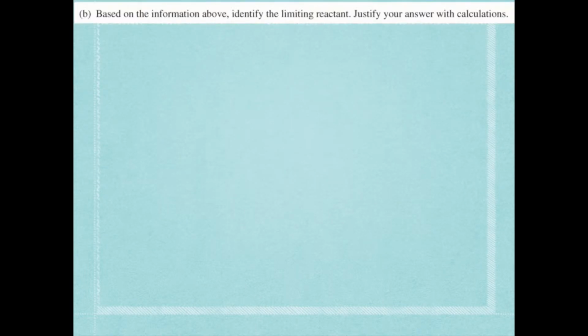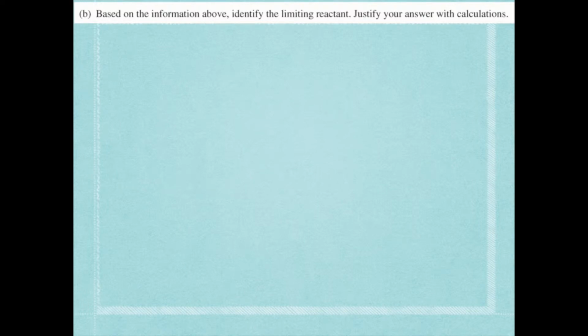Next, it says, based on the information, identify the limiting reactant. Now, notice if you look at that reaction, you have a 1-to-1 ratio of your two reactants, which means whichever one has the fewest number of moles, that's going to be your limiting reactant. Because if I get into moles of each of my reactants and then get into moles of either product and then get into grams of either product, it's going to be the same thing. Whichever one has the smaller moles of reactant is your limiting reactant in this case because it is a 1-to-1 ratio. So I've got to get into moles of each of them.